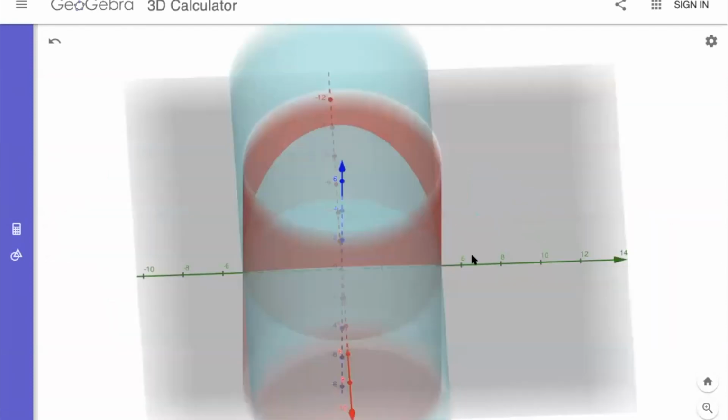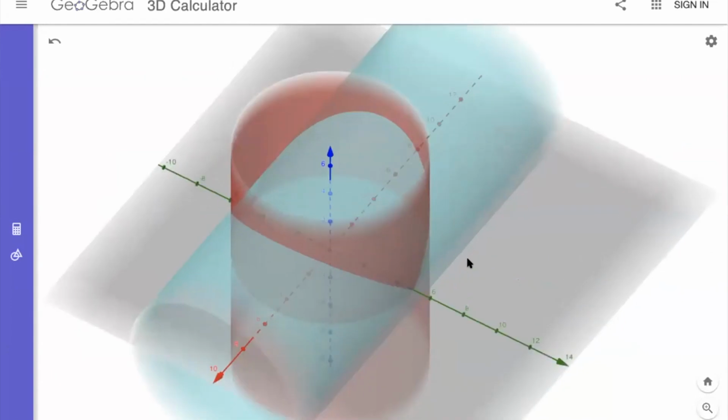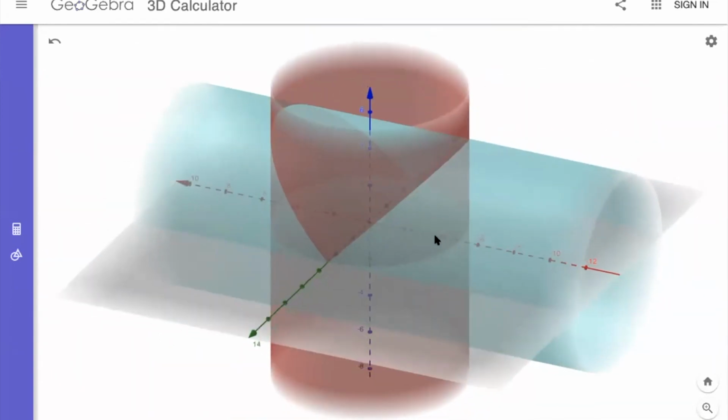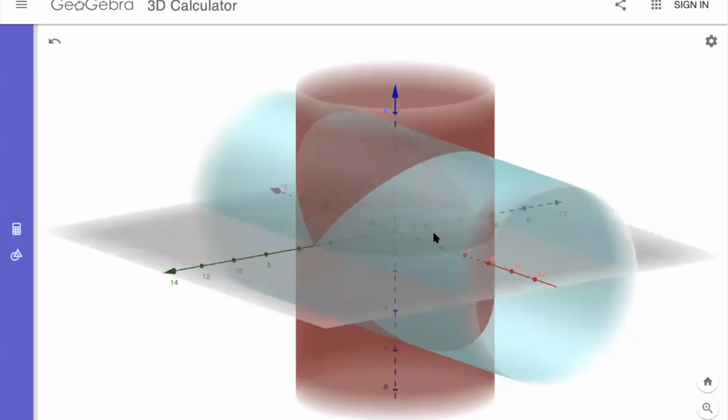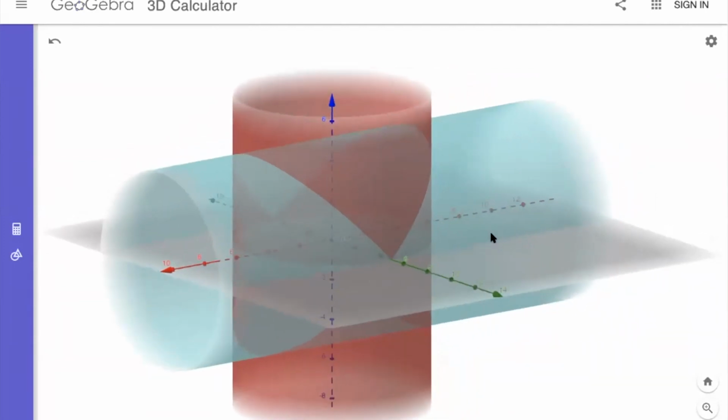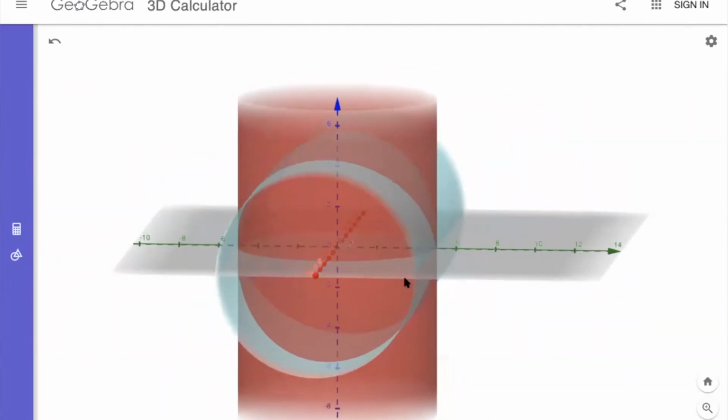So I'm going to rotate it a bit. This is what the graph looks like. Let's put it with z, x, y, where red is x.